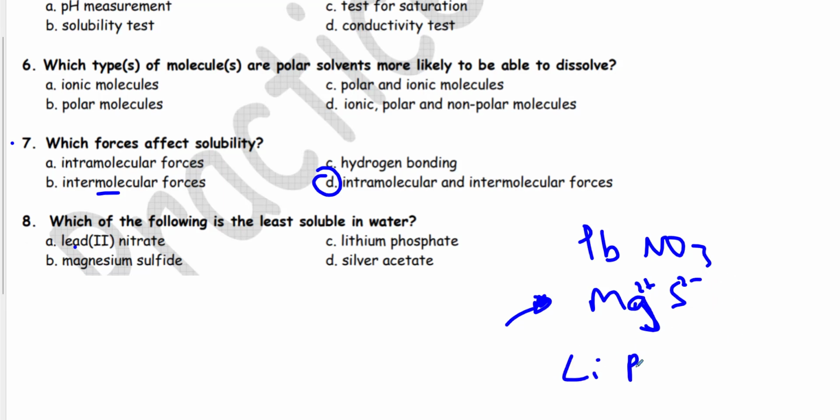Lithium phosphate, which is PO4, so 3-. And then silver acetate, which is AgCH3COO. This one's a bit harder to explain, actually. I don't really agree with the answer here because I'm not entirely sure. But I would definitely knock off magnesium sulfide. That's just gone. And then lead nitrate, I would say is pretty soluble.